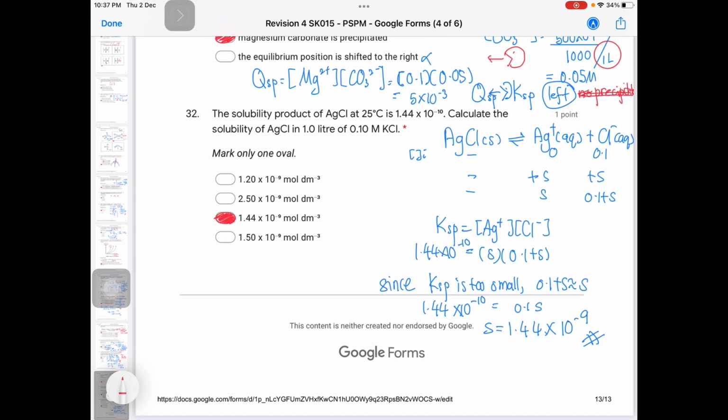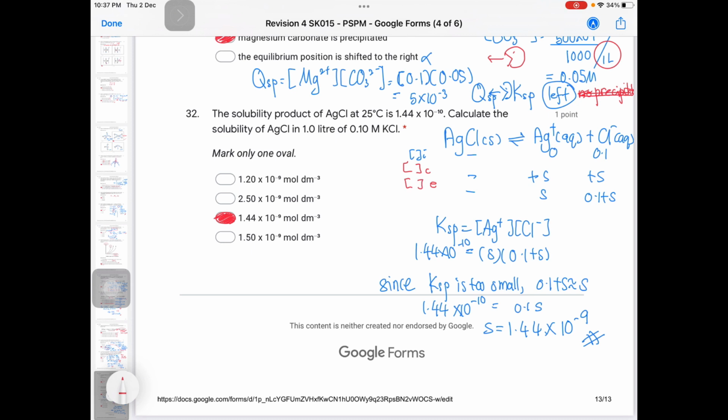Okay, last question. This one is the common ion effect. The solubility product of AgCl is 1.44 exponent negative 10. Calculate the solubility of AgCl in 1 liter of KCl. So here we use AgCl produces Ag+ and Cl-. This one, initial, change, at equilibrium, we use an ICE table.